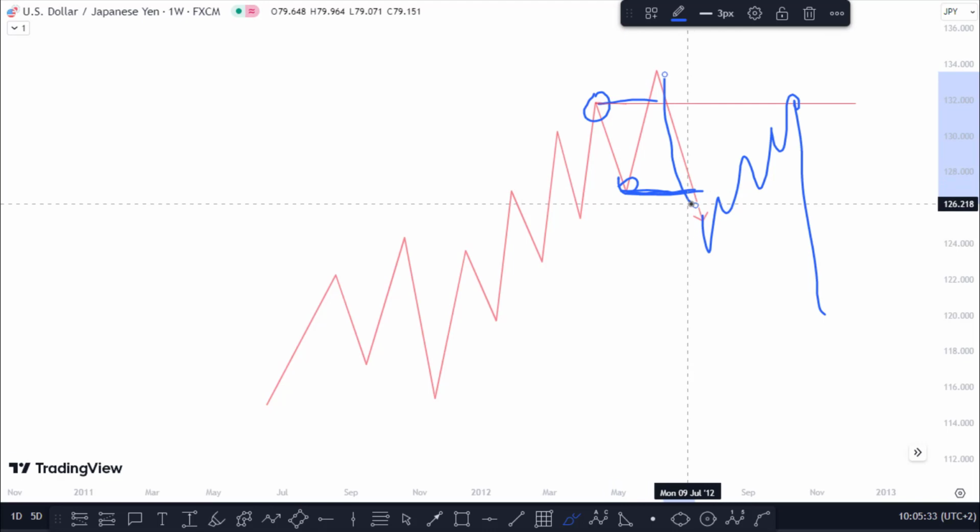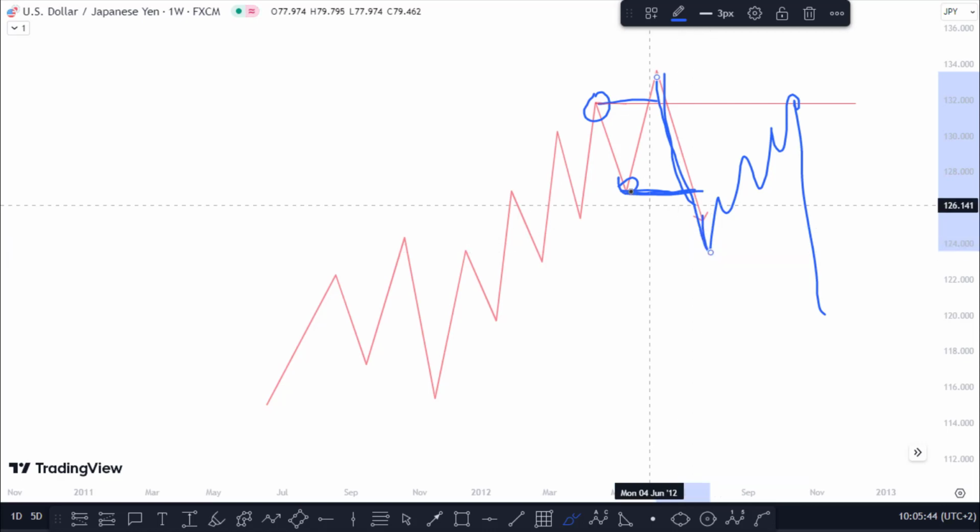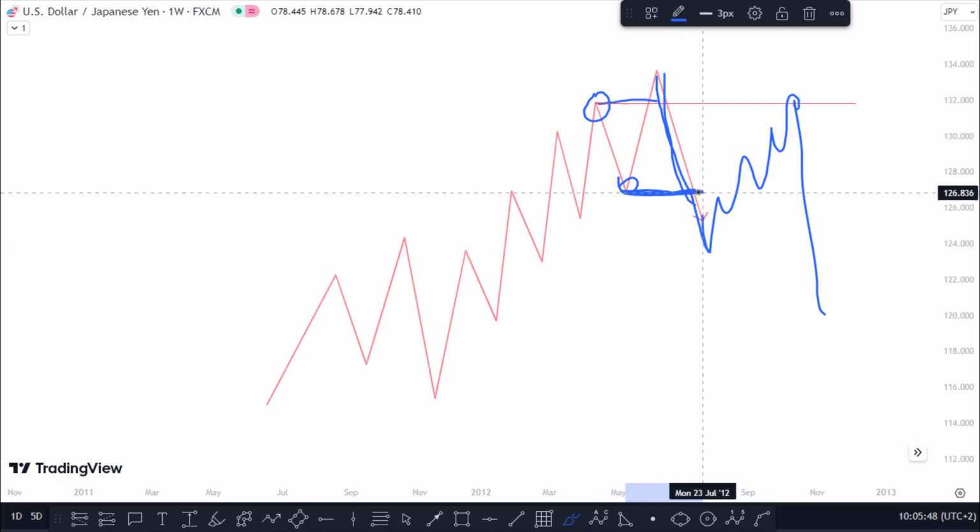The line chart doesn't show the candlestick wicks, so it is the best choice when looking for a good break with the candlestick body.